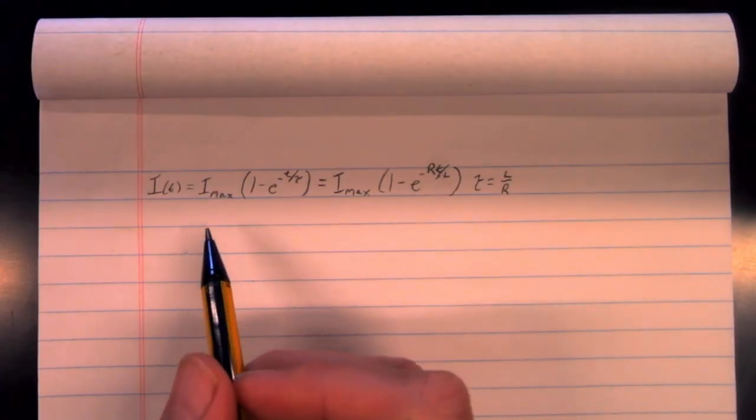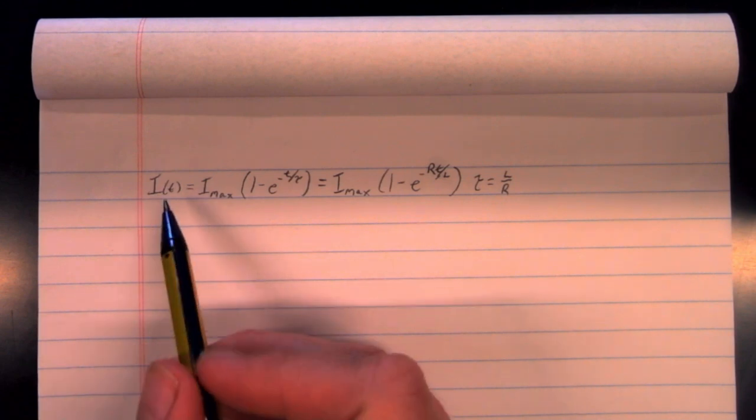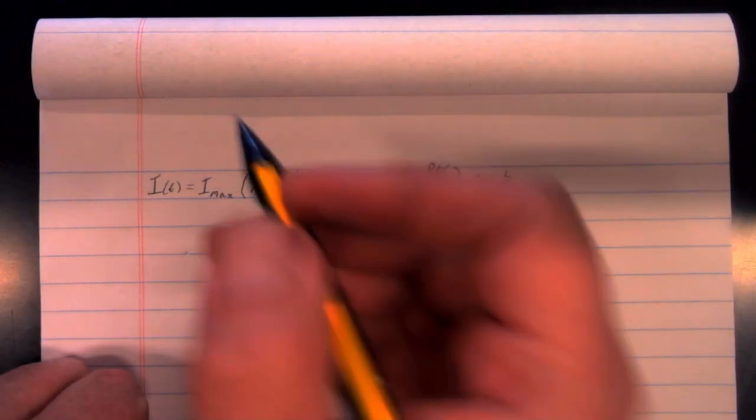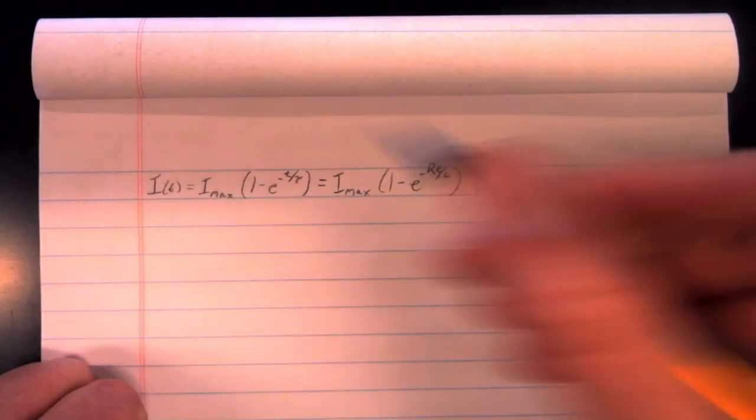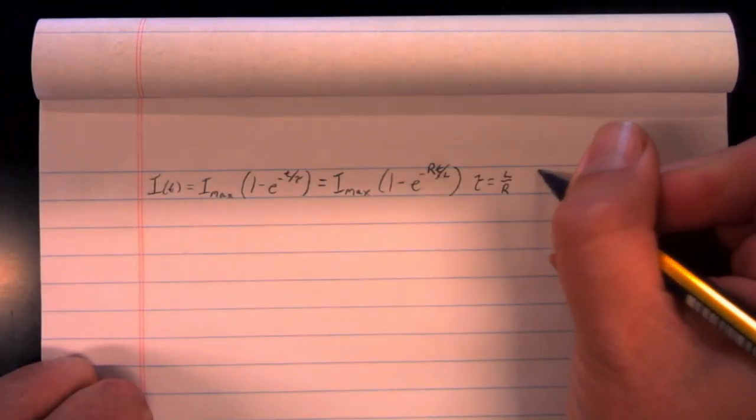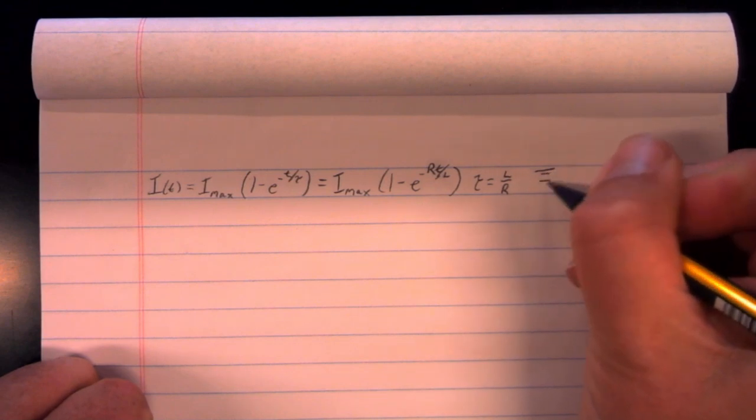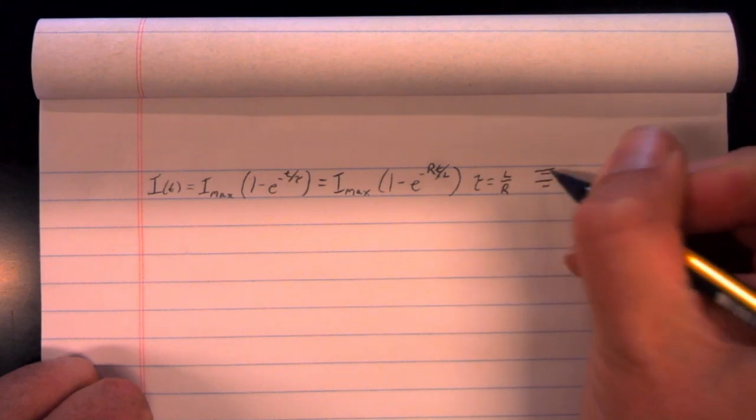So here we are. This is the equation we derived for an LR circuit. Remember, we talked about the circuit being a battery in series with an inductor and a resistor.